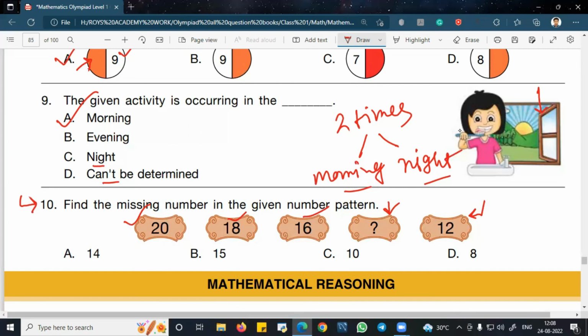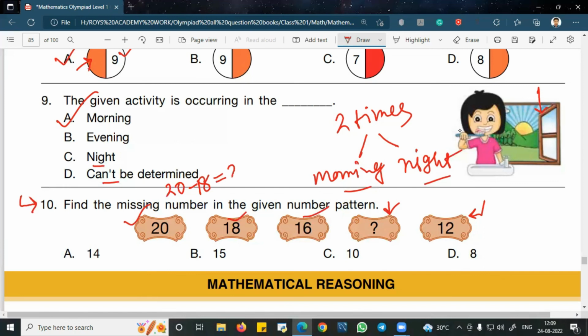Now I'm telling you that at first 20 is given, and the next number is 18. To find which pattern this series follows, at first we write 20 minus 18. 20 minus 18 gives us 2.